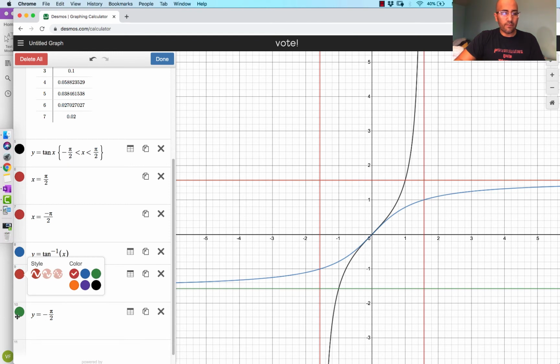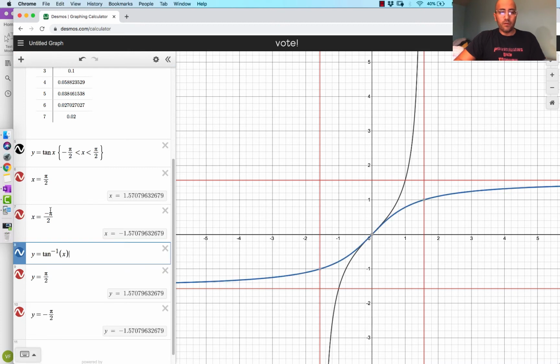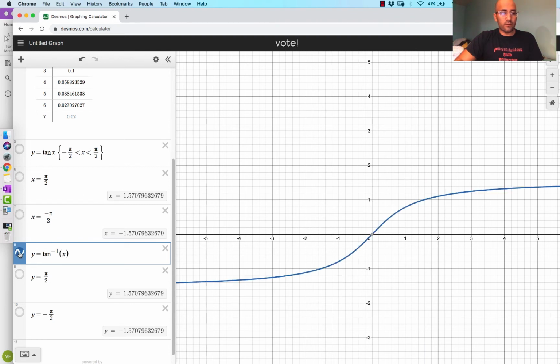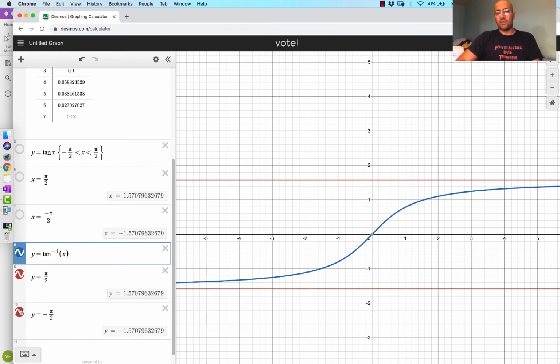Let's make them red. Okay, that's messy. If we want to rotate this and find the inverse function of this, it would look like this. Let's take that out, and it'll look like this. There's the inverse tan function.